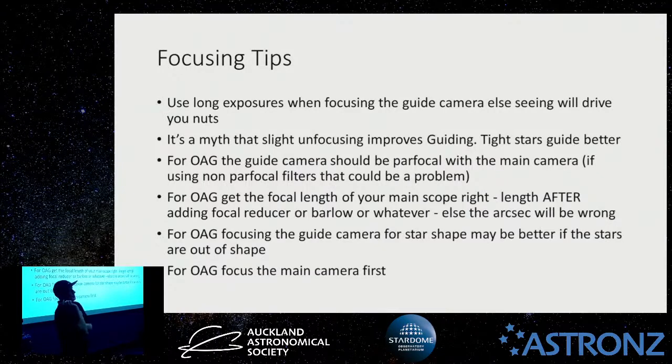So my experience at Kumeu is that if you've got funny shaped stars, focus to get the most circularity in your star. And remember to focus the main camera first before you start to focus the guide camera, because sometimes I've forgotten, and then you're just wasting your time.